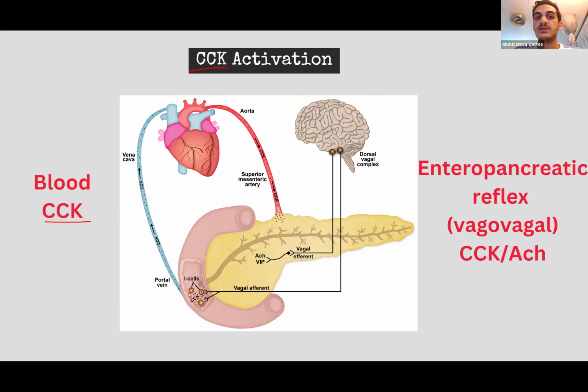The I cells in the duodenum will secrete the CCK to the veins, and from the veins it will go to the arteries, and from the arteries it will go back to the pancreas. And it will go to which receptor and which cells? It will go to the acinar cells. And then the acinar cells will secrete it.